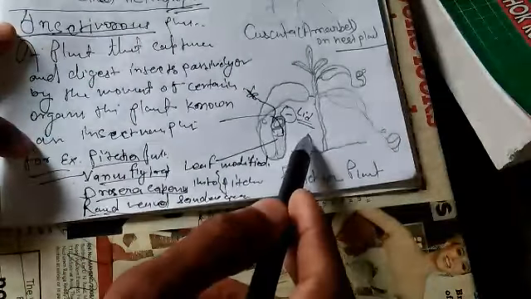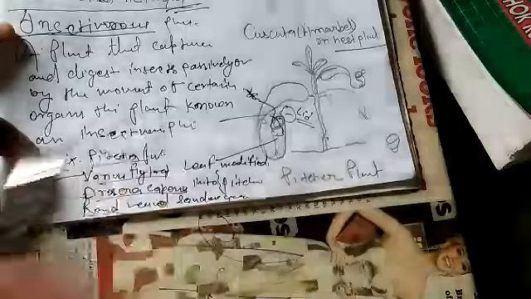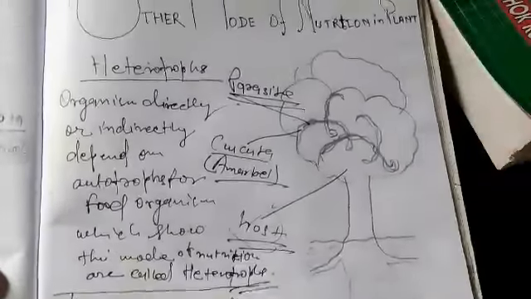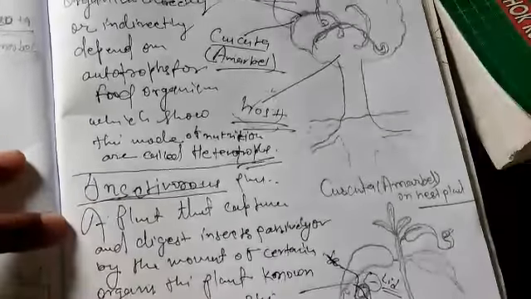This plant is also known as a carnivorous plant. And these are the other modes of nutrition in a plant.